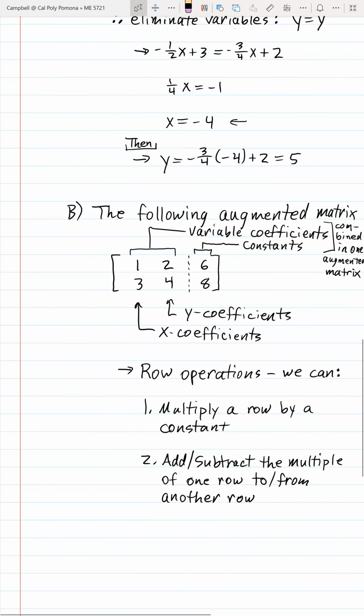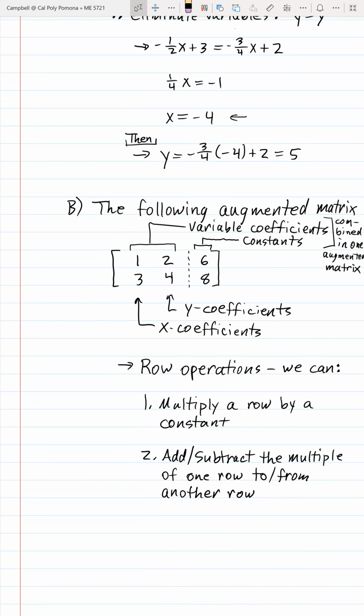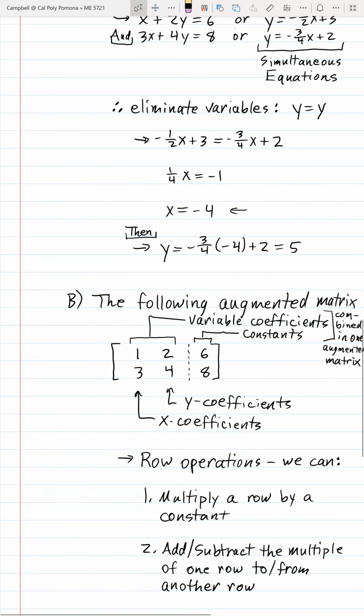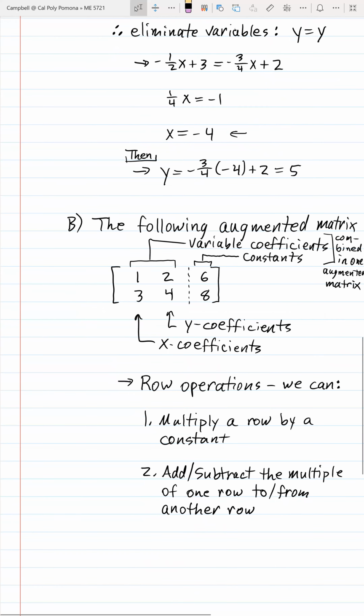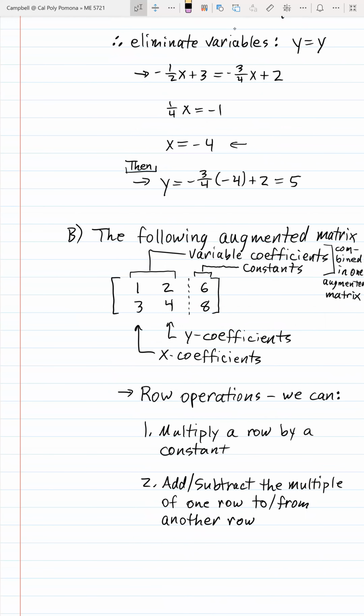Well, that's exactly what this is right here. So we can see that these row operations could have just been applied, as I indicated above, directly to the equations themselves as entities. We just have to make sure that we apply it across the entirety of that equation, in this case, across the entirety of the row.